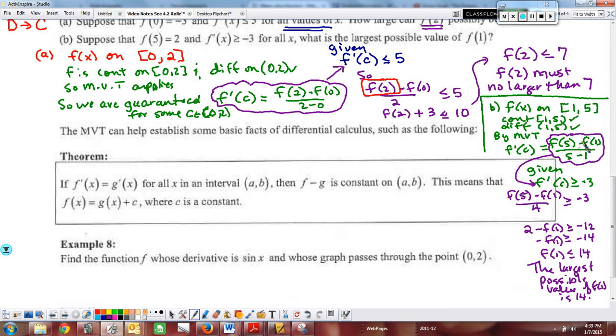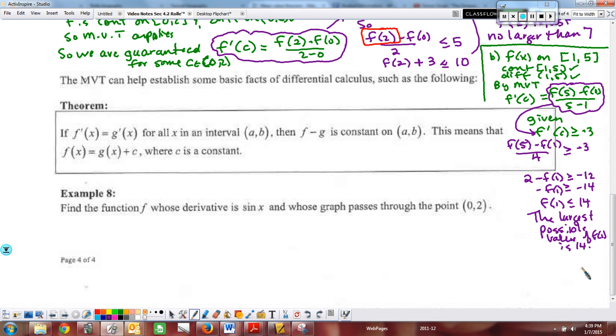All right, now a couple of other things that we get with the MVT. Let's take a look at this theorem, which you already basically know: if two derivatives are equal, then we basically know that if two functions have the same derivative, those functions can only differ by a constant.